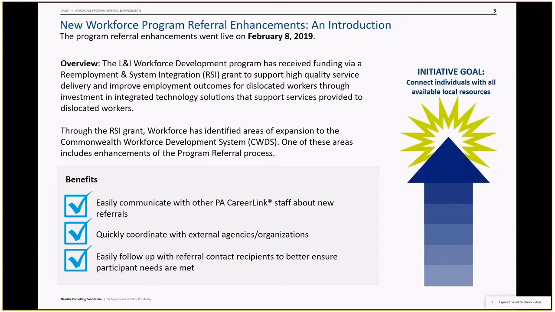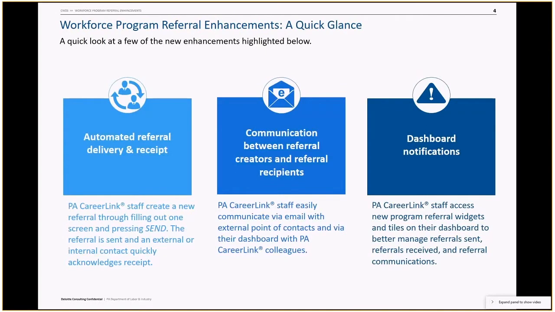And you refer the person to United Way for, let's say, fuel assistance, heating assistance. What this will do is allow easy follow-up with the recipients of those referrals, and therefore better ensure that your participants' needs are being met. And all these referrals and enhancements will take place within the CWDS system.